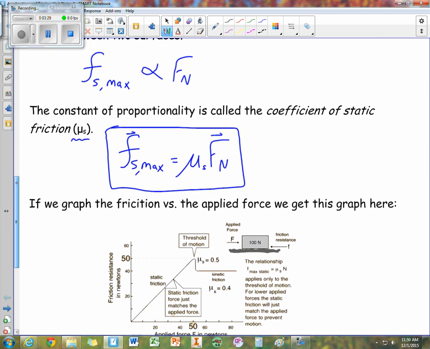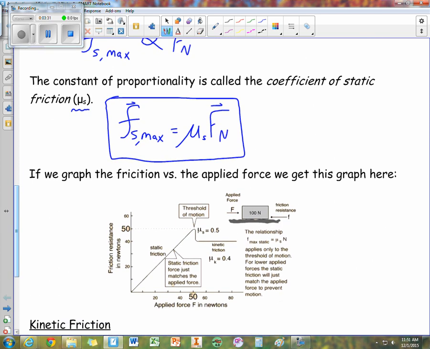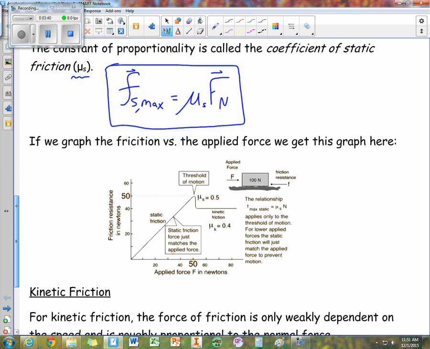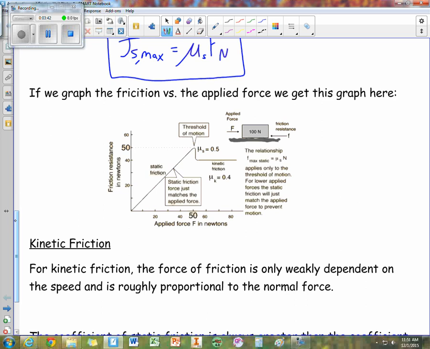From experience, you may understand that it's harder to get something to slide than it is to keep it sliding. So if we were to make a graph of the friction forces, which is on the y-axis here, versus the applied force, which is on the x-axis, what we would see is that as we push on an object, the static friction becomes stronger.